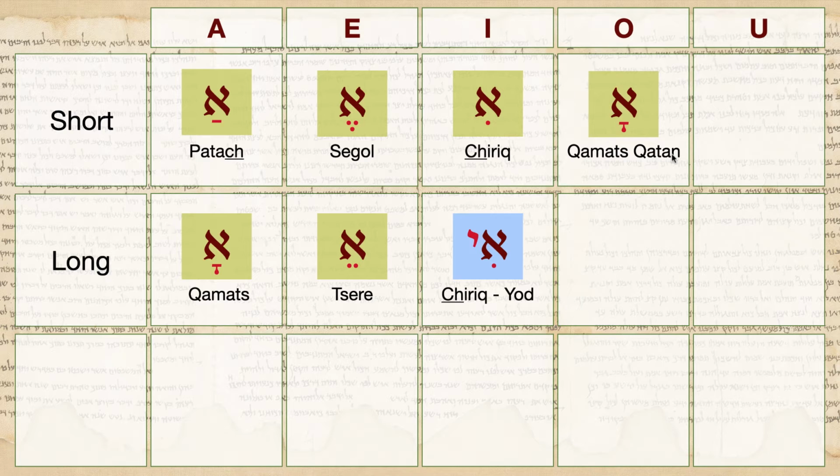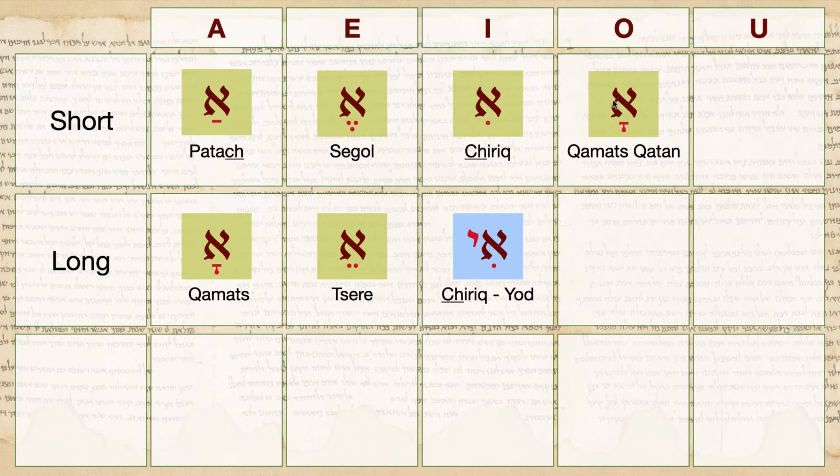So this is kamatz katan. It looks exactly like kamatz. There's no difference whatsoever. In fact, in computer typing, there is a different vowel they use, and if you do programming and compare them, it will show it is a different thing, but for visual purposes, there is no difference whatsoever.